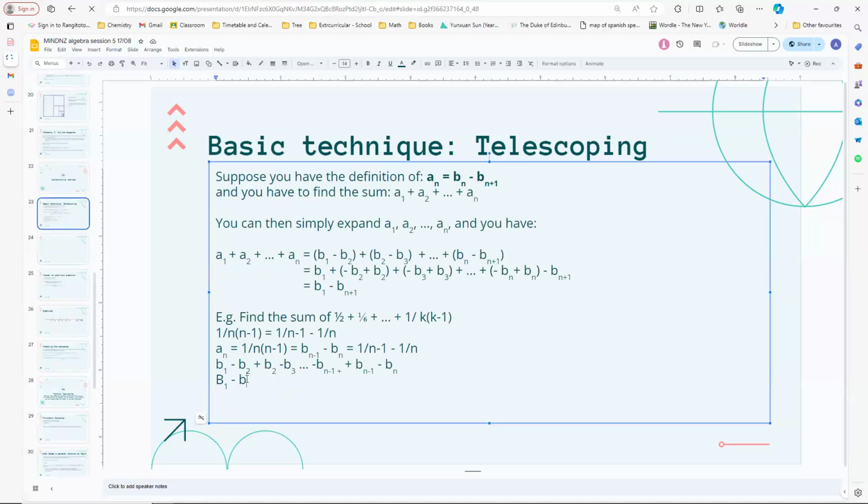So it's equal to b1 minus bn. But we have defined bk to be equal to 1 over k. So this is just equal to 1 over 1, or 1, minus 1 over k. So the final answer is that this large sum of fractions is equal to k minus 1 over k.